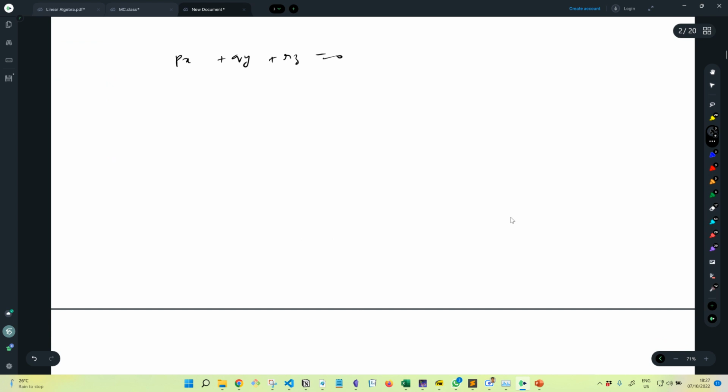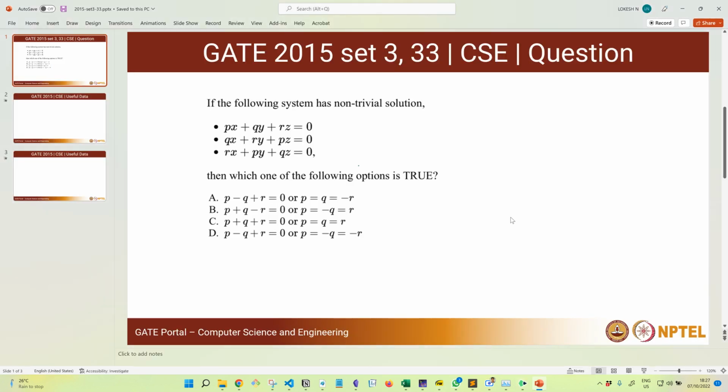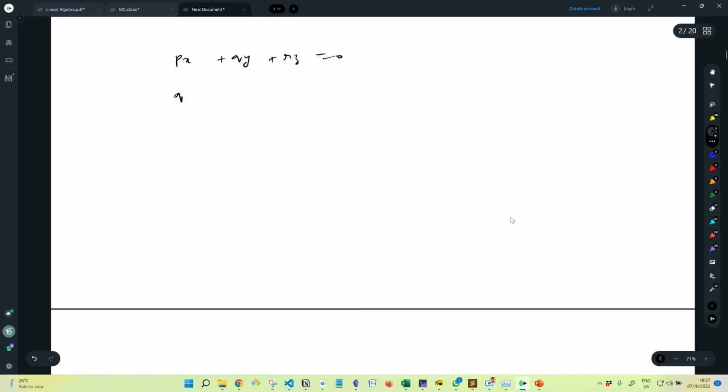So you have px plus qy plus rz equals 0, then qx plus ry plus pz equals 0, then rx plus py plus qz equals 0. And in the last class we saw one condition, right? For a system to have a unique solution, determinant of A should be not equal to 0.